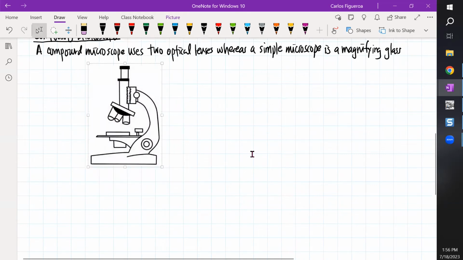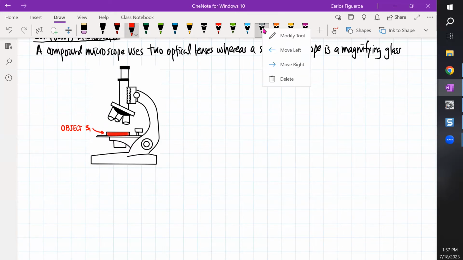And so if I look at this image, there's a couple of things that we should pay attention to. The first thing here is that here is where the object is placed. So this red object is the object, and we call that S1. Now what you're seeing here is that there are 3 lenses. I'm going to pick this one, but there's 3 of them.